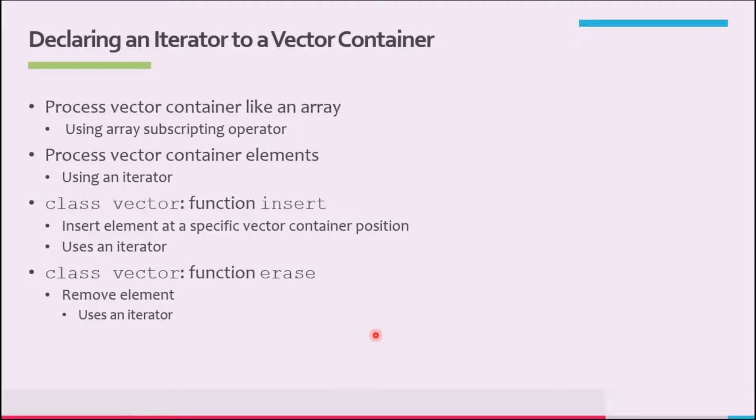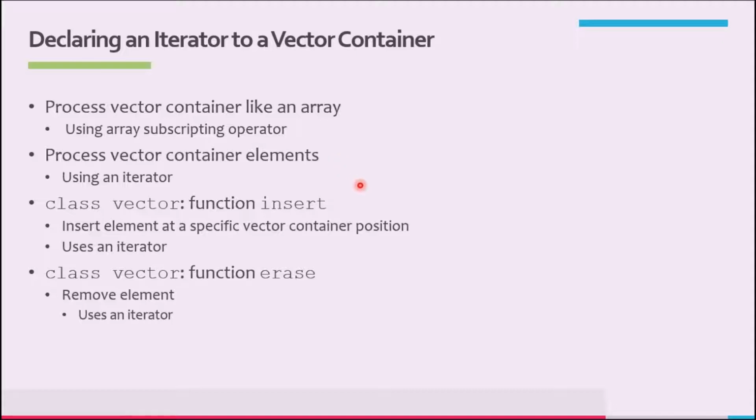Even though we can process a vector container just like an array using the array subscripting operator, there are situations where we would like to process the elements of a vector container using an iterator. Okay? So recall that an iterator is just like a pointer.